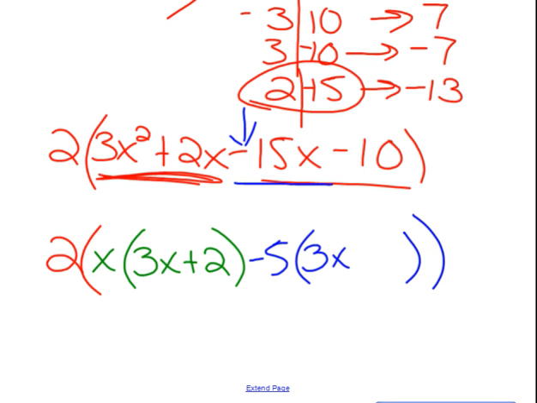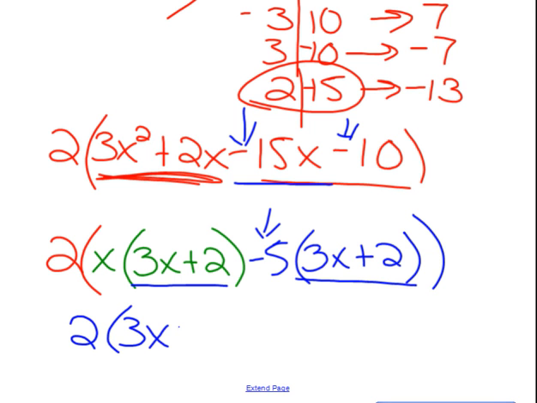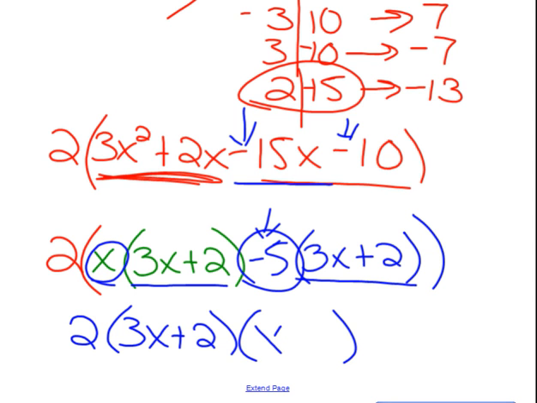And if I have a negative 10 divide out a negative 5, that gives me a positive 2. Remember, those two have to match exactly, including the sign. Still have that 2 in front. 3x plus 2. And what's left when we take out the 3x plus 2, we have x minus 5.